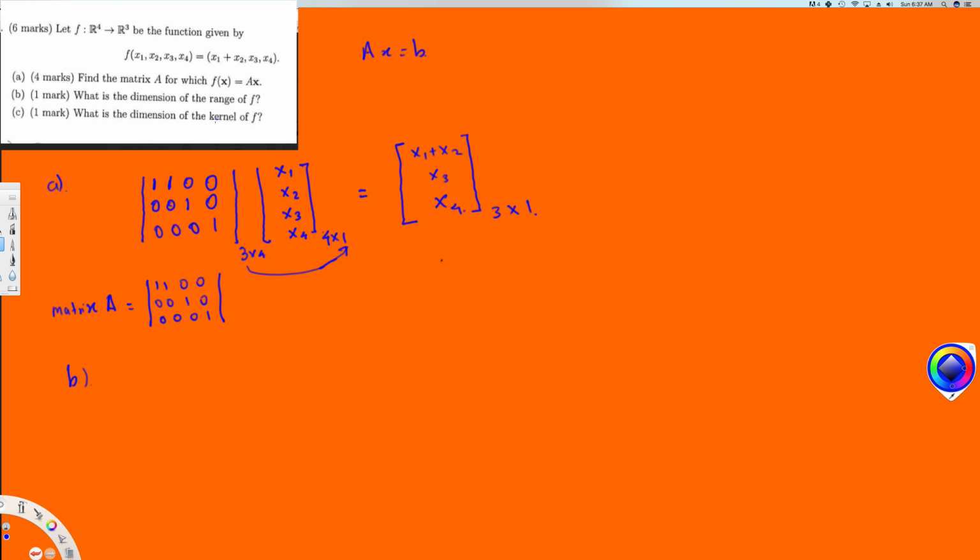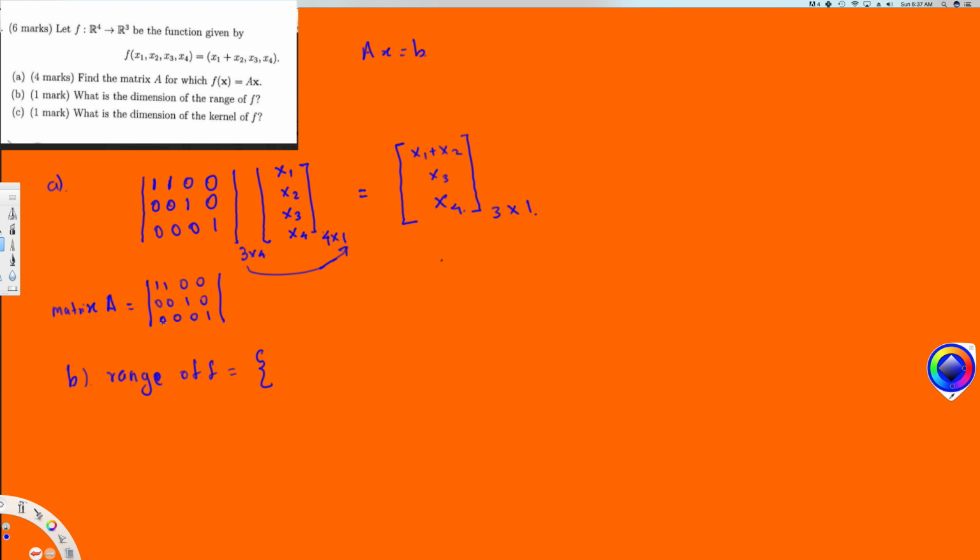What is the dimension of the range of F? So basically what they are asking is the dimension of the column space. Range is basically the column space. So the range of F is equal to the columns with leading coefficient.